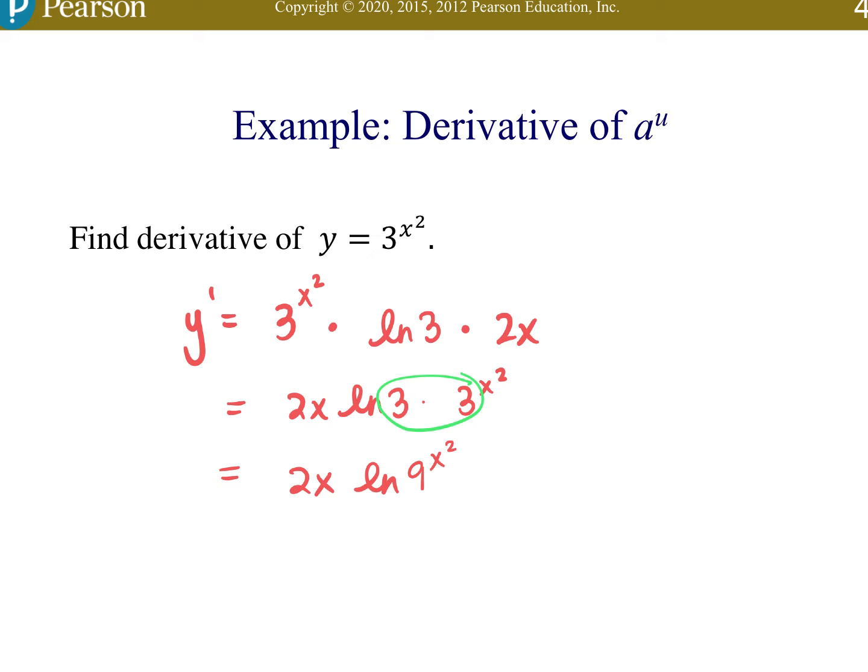That's not 3 times 3. That's the natural log of 3 times a separate 3 to the x squared. Because this is wrong, somebody who wants to be intentionally careful might use parentheses there, so that I'm not tempted to multiply those two together. But it happens more often than you would know where people multiply the two together.